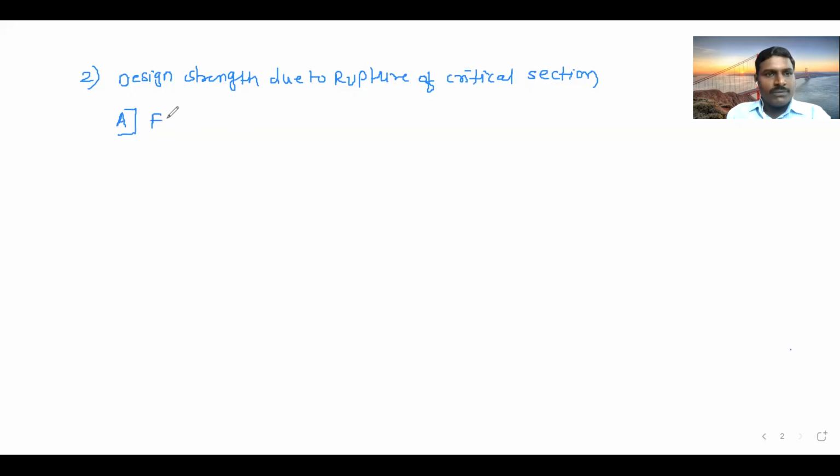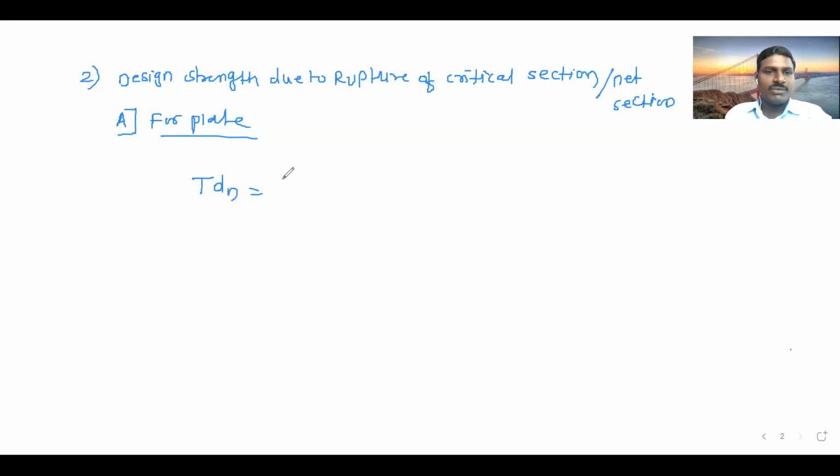Okay, sorry. For plate, TDN. See, TDN: T is the tension, D is the design, and N is the net critical section, or we call it the net section. Critical section or net section.